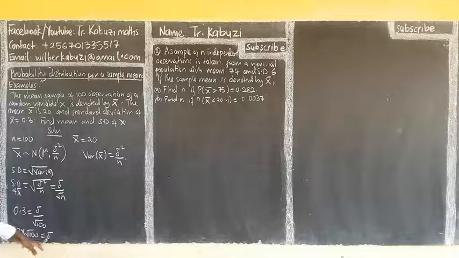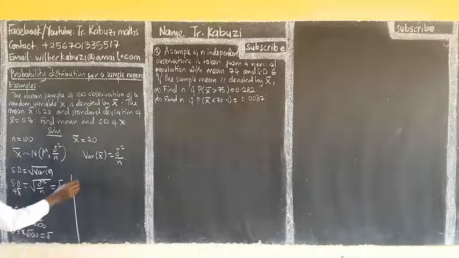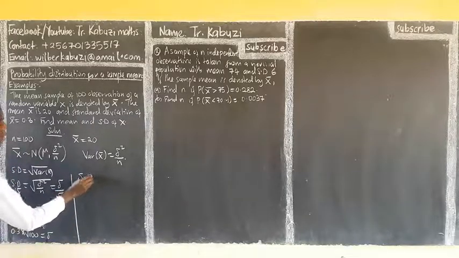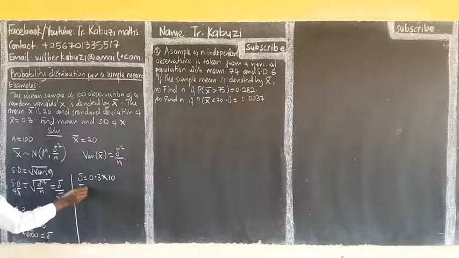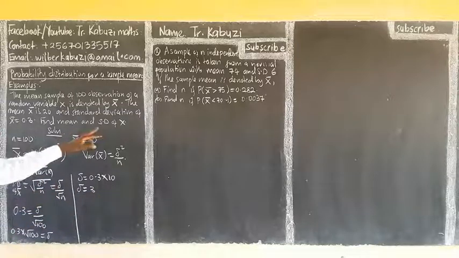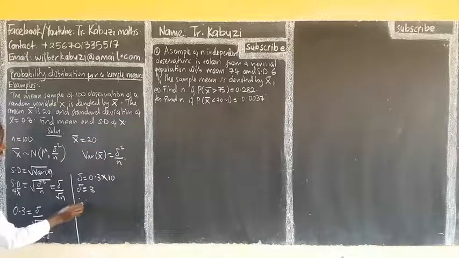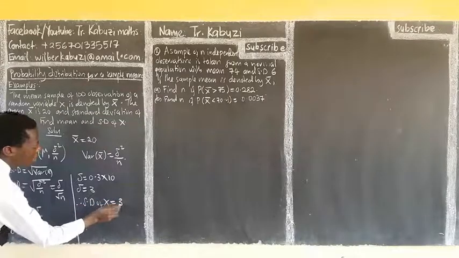This sigma is the standard deviation of the normal population. So sigma is 0.3 times 10, so our sigma will be 3.